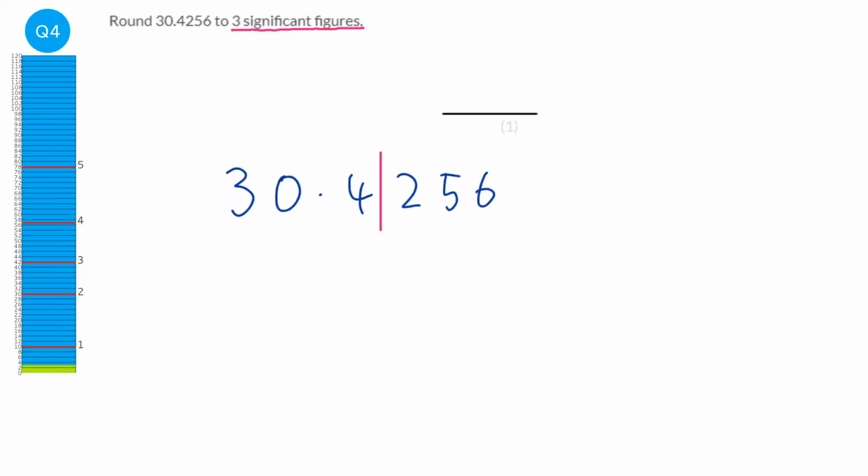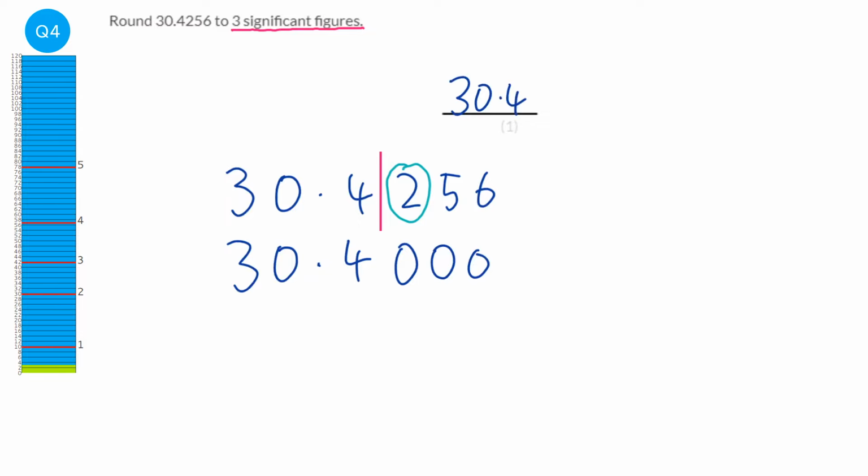All the numbers on the right hand side are going to turn into 0, but before they do, we need to look at this number. This number is a decider number. If it is 5 or more, it will push this number up by 1. If it's less than 5, nothing will happen. Because it's less than 5, all the numbers to the right will turn into zeros. With decimals, if they're zeros, we don't need to write them. So the answer would be 30.4.